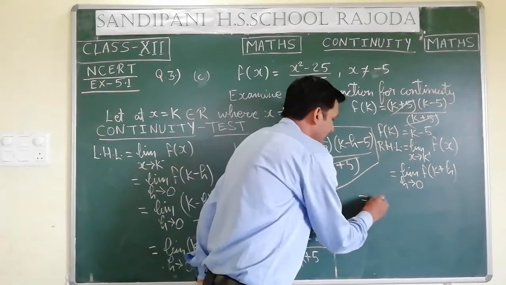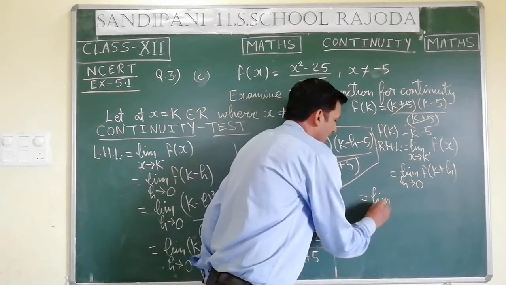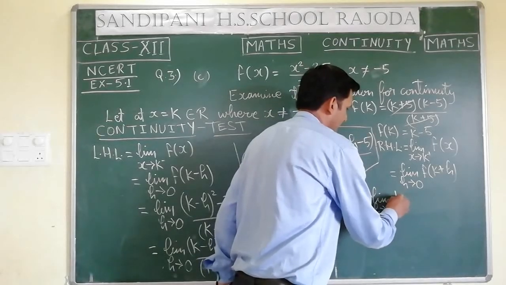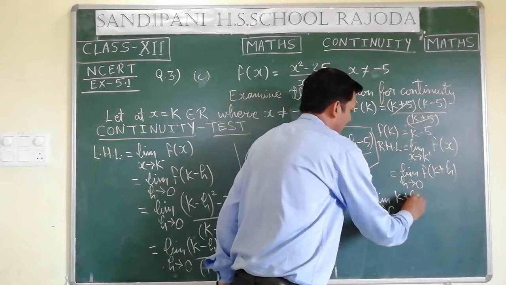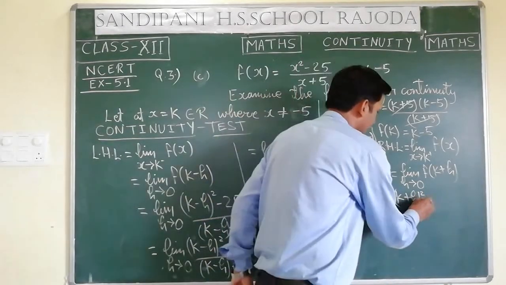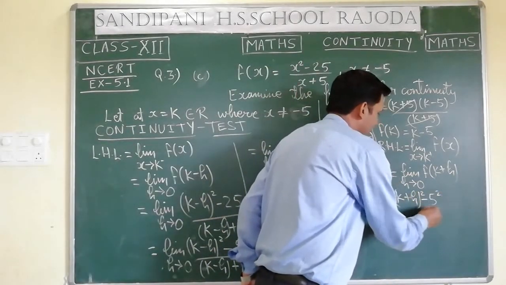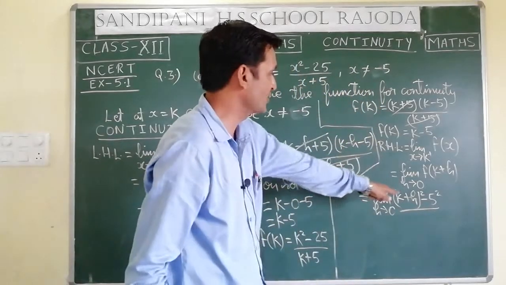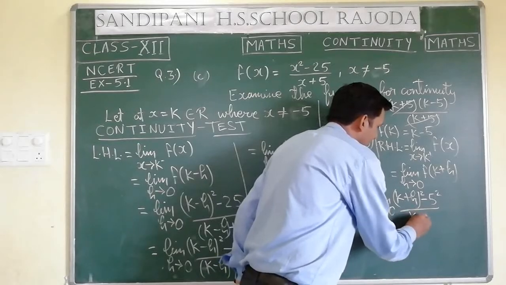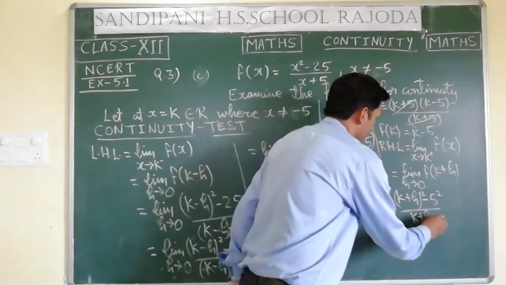Now this will become limit h tends to 0, k plus h whole square minus 5 square, we can write it directly because 25 is the square of 5, upon k plus h plus 5.